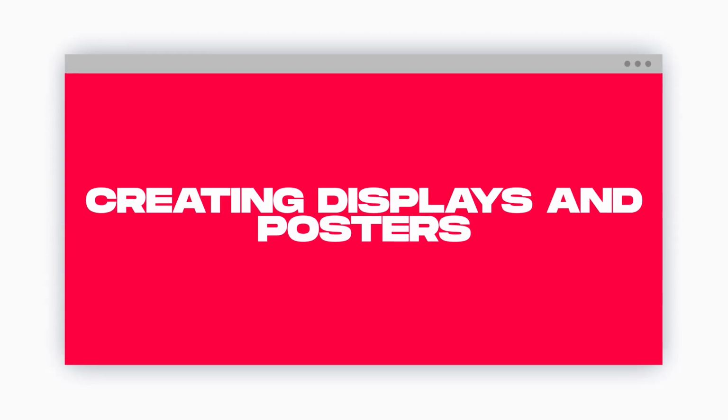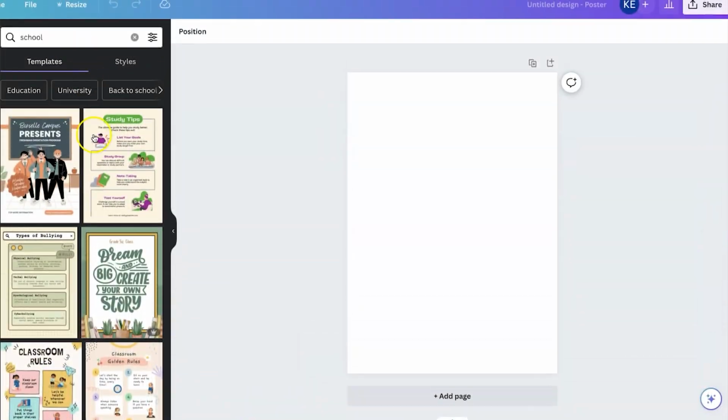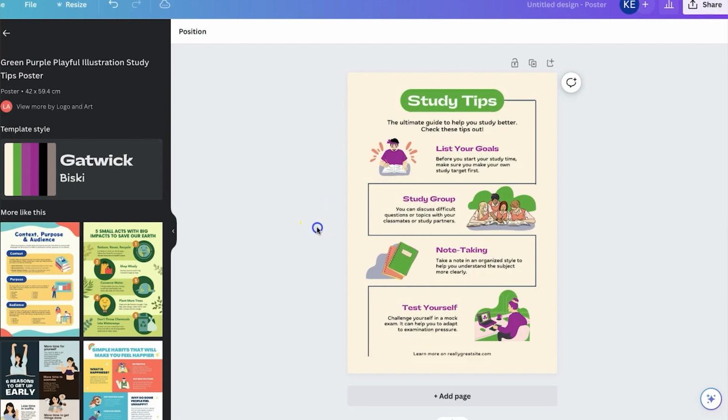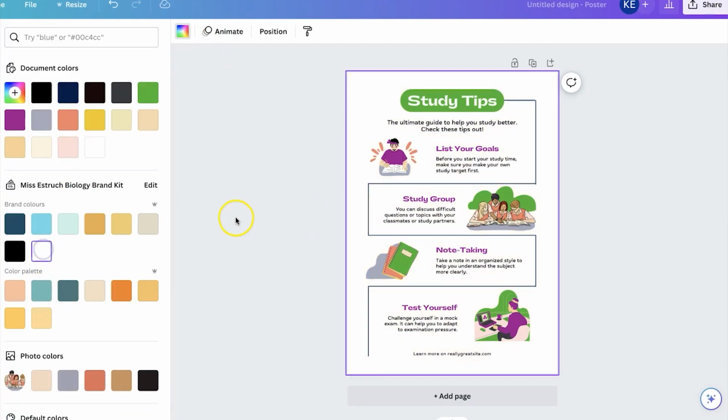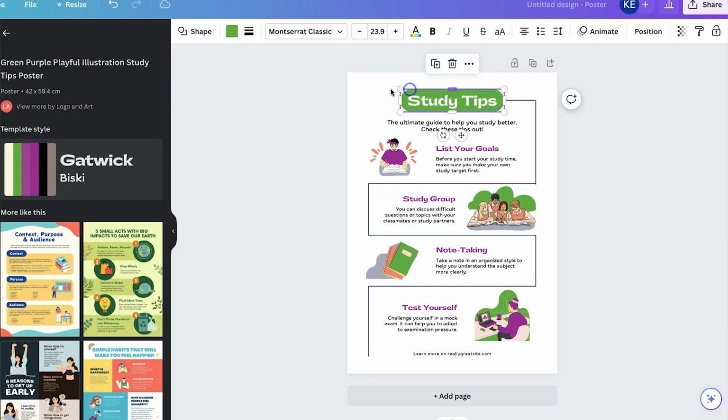So once you've created your account, here are some of the key things that I like to use Canva for as a classroom teacher. And number one is creating displays and posters. So Canva is there to make really exciting and interesting graphics and designs. And they have so many templates. So if you want to make a new poster, go straight to the templates.